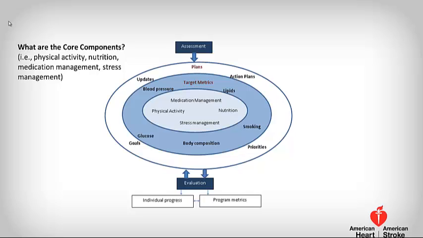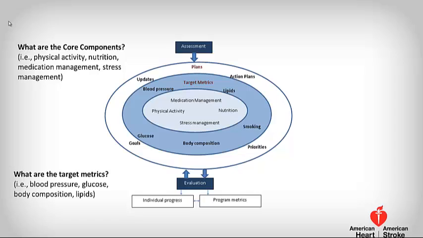So we look at these plans as concentric circles, beginning from the inside of the circle, identifying the core components. So, for example, are the core components physical activity, nutrition, medication management, and stress management? The next level out are the target metrics.